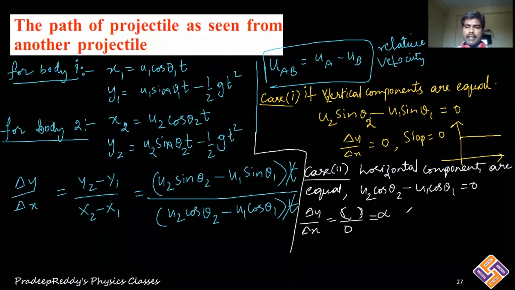So delta y by delta x tends to infinity, and you will be getting a vertical straight line. This is case 2. So when two projectiles are projected in such a way that the magnitudes of horizontal components are equal, then it appears to be a vertical straight line. If the magnitudes of vertical components of two projectiles are equal, then the path of one projectile seen from the other appears to be a horizontal straight line.